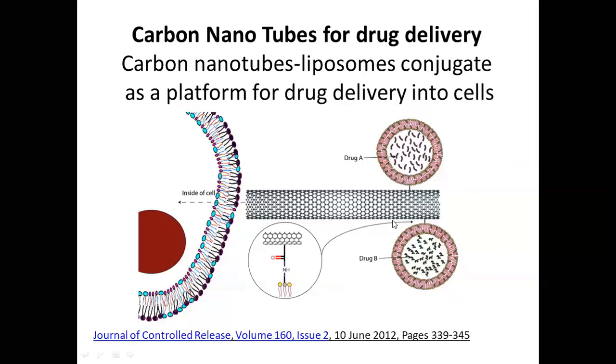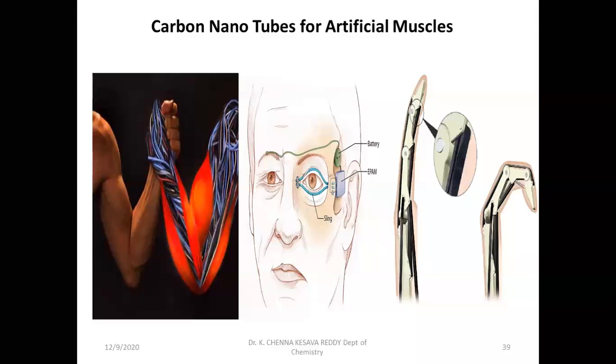After functionalization, you see here in the present slide, carbon nanotubes are functionalized with a liposome conjugate. Okay, and this material can be delivered inside the cell wall, because our cell wall has a hydrophobic nature. Due to that, it can enter into the cell wall and deliver the drug in a specific place.